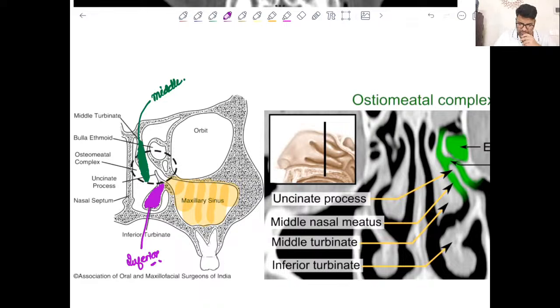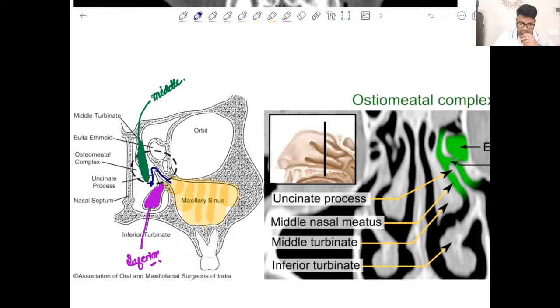Okay, then this is the opening of the maxillary sinus. Okay, and it is coming into the middle meatus, right?